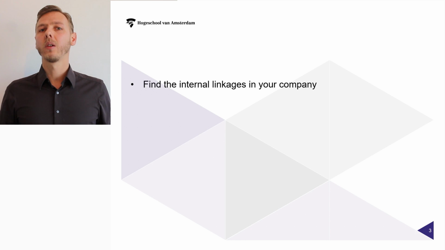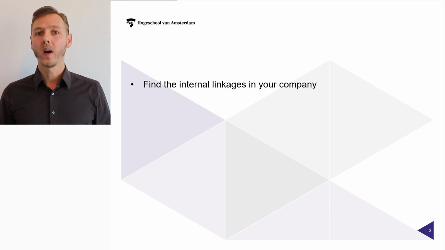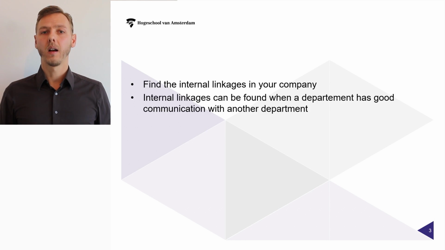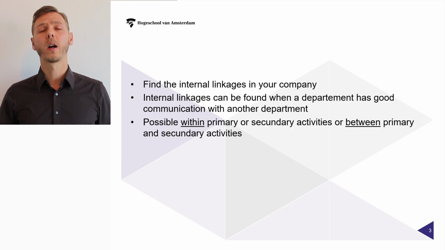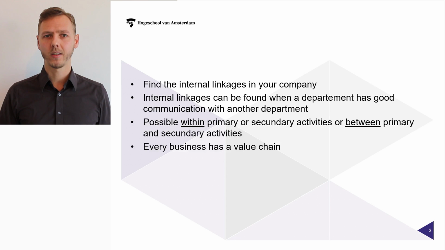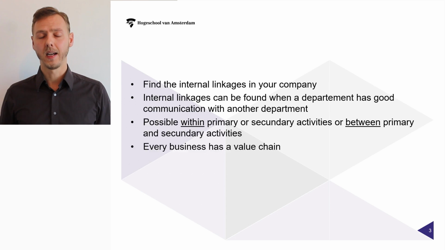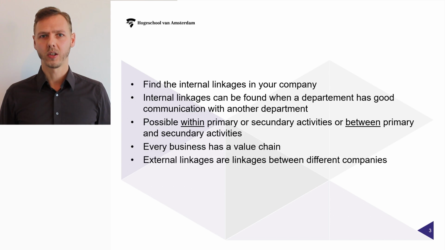An internal linkage exists when a certain activity communicates well with another activity. This can be between supporting activities or between primary activities. Please bear in mind that every business has a supply chain. So we also determine external linkages.